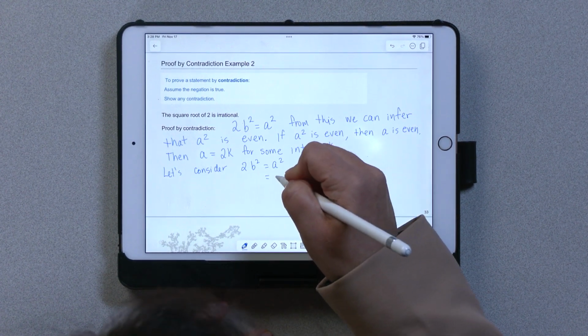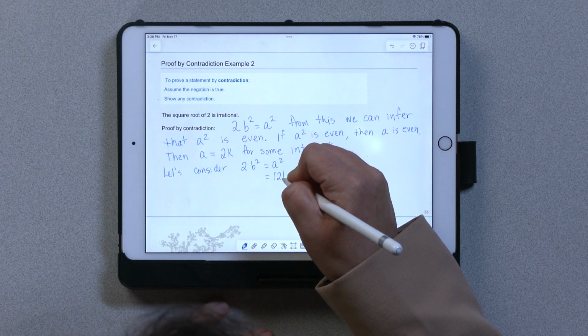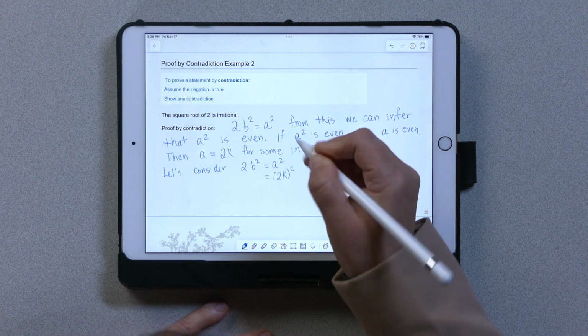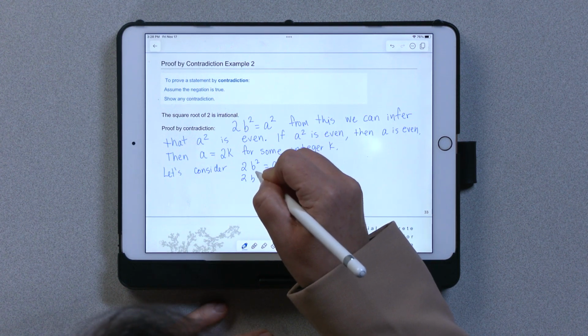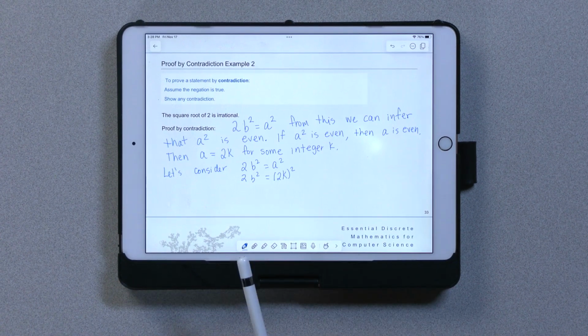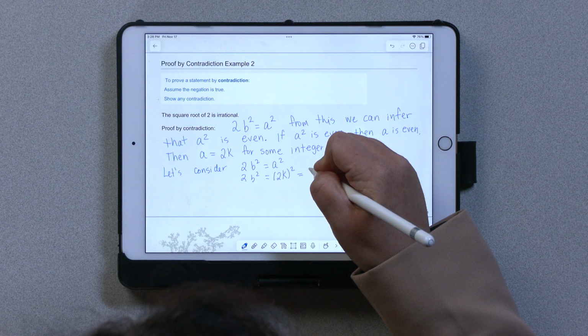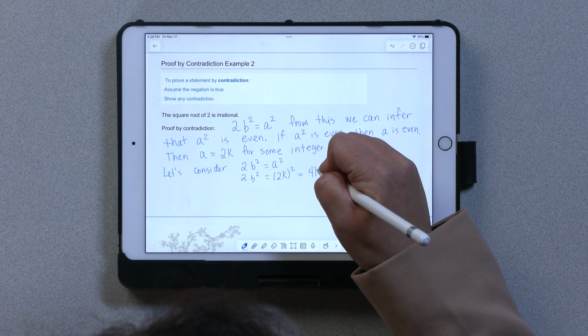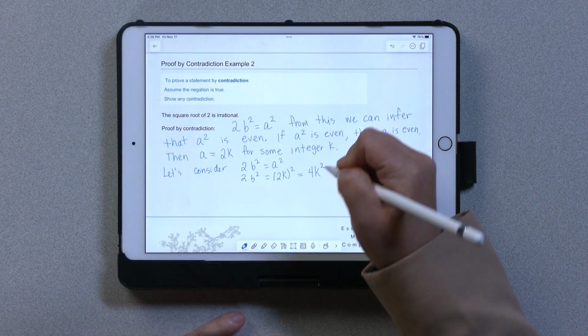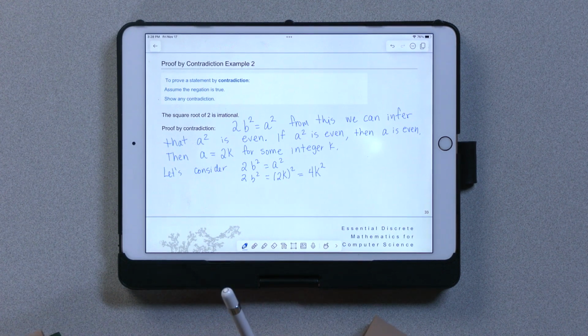So I have 2b squared equals (2k) squared. And when I do this, I can see that we have 4k squared. So 2b squared equals 4k squared. And I can simplify this further.